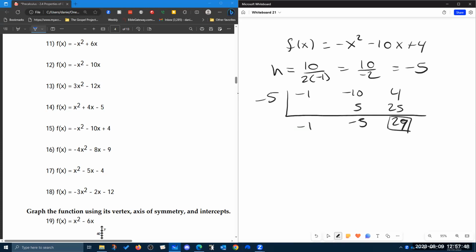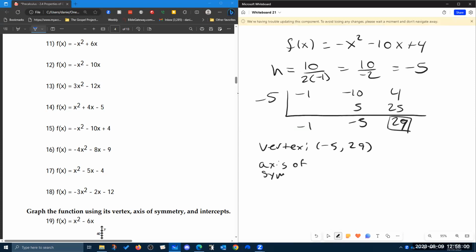That's 29. So our vertex is at (-5, 29), and our axis of symmetry is x equals -5.